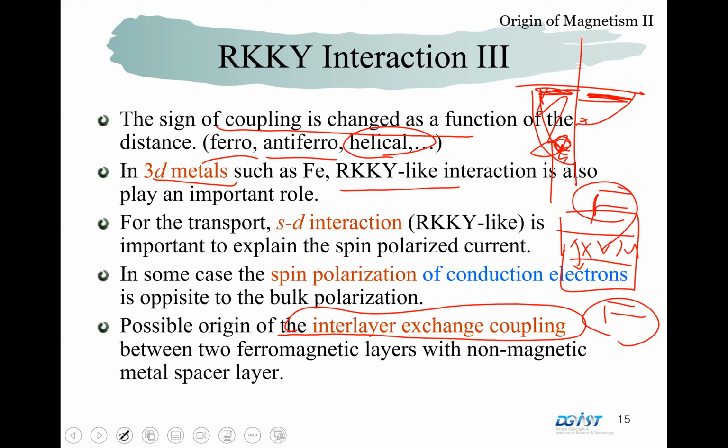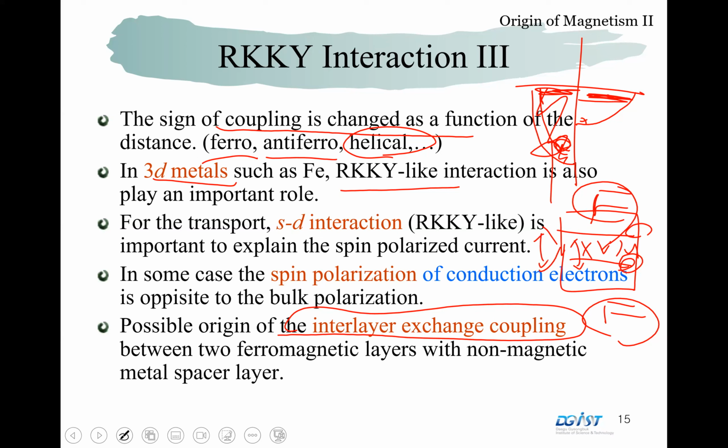The discovery of this inter-layer exchange coupling at the beginning was very difficult to understand because we have a non-magnetic material between them. At first thought, there is no exchange coupling between them. But experimental results said there is some very strong coupling between them. So people figured out the atoms in a ferromagnetic layer and the second ferromagnetic layer can interact through this non-magnetic material, and this kind of interaction depends on the thickness of the non-magnetic material.